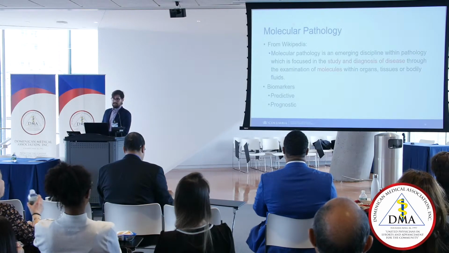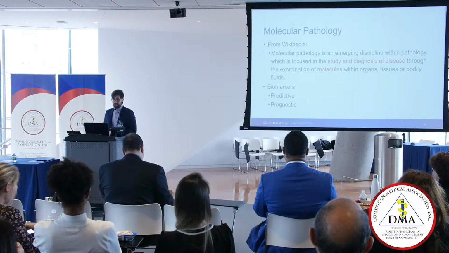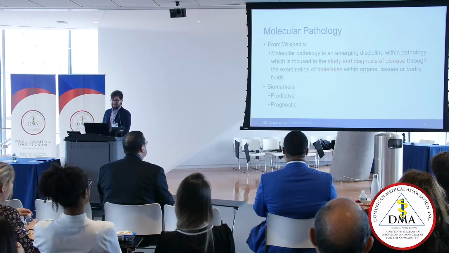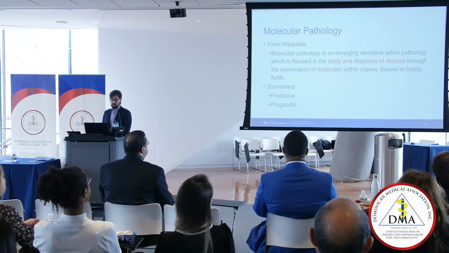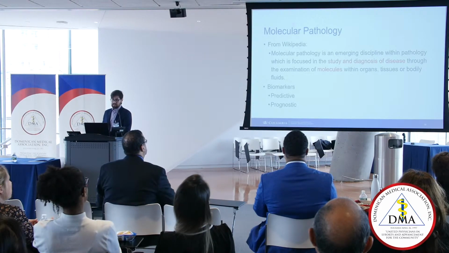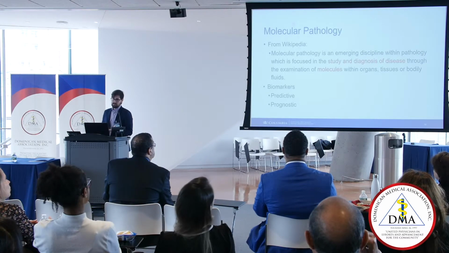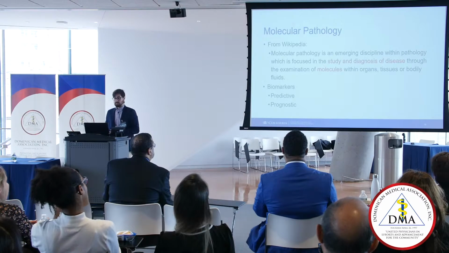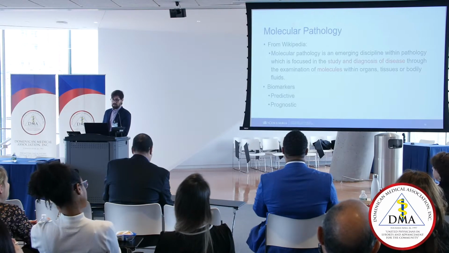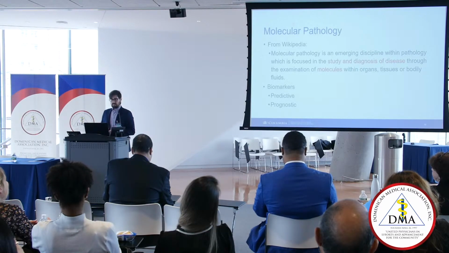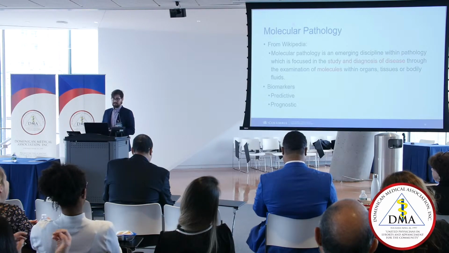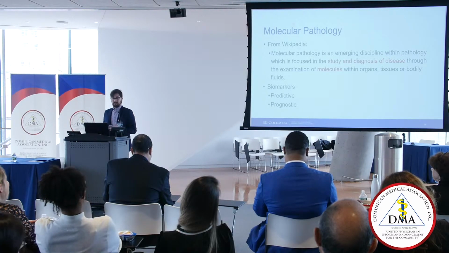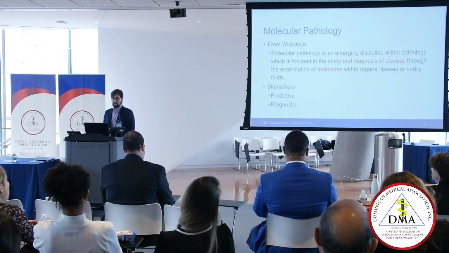Now, molecular pathology, I pulled this straight from the Wikipedia article, is basically an emergent discipline within pathology, which is studying the diagnosis of disease, which is just pathology in general. But in molecular pathology, it's through the examination of molecules within tissues and bodily fluids. Essentially, I can summarize and say molecular pathology is pathology that tests for molecular biomarkers.